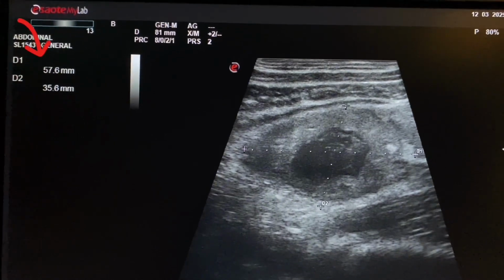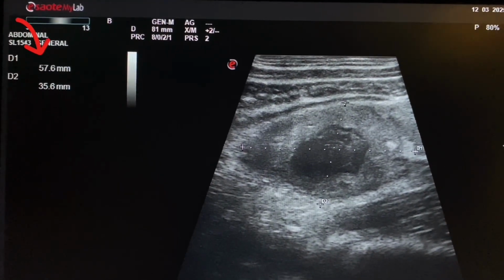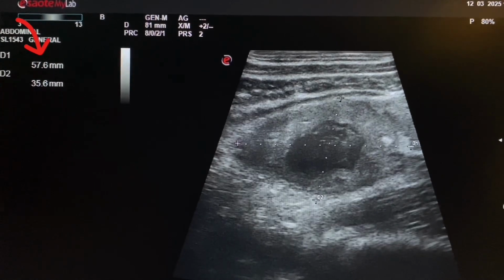The size of this mass is 57 into 35 millimeters.